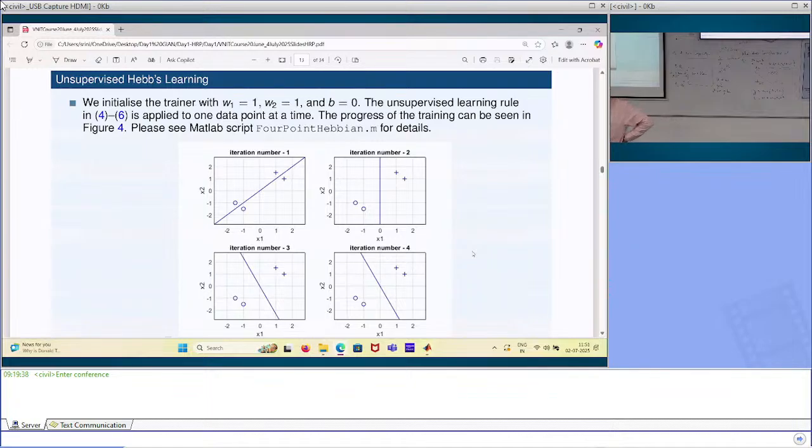What process you did is perfectly all right. There is nothing wrong in what you did. You picked up some W1, W2, B, went through the process, and your classifier was different. That's perfectly normal. So now the thing is how important it is to pick the initial W1, W2 and B.